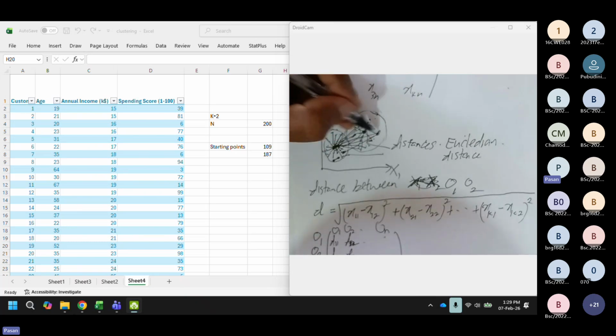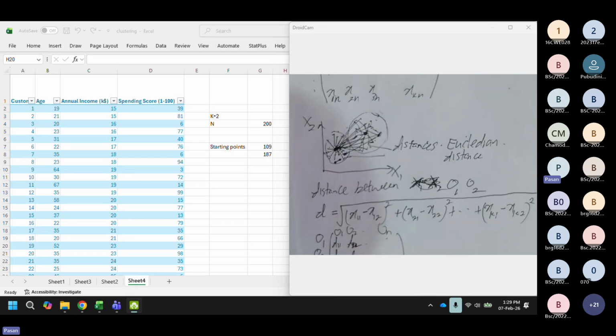If you have several centers, then for each center we have to measure the distances.